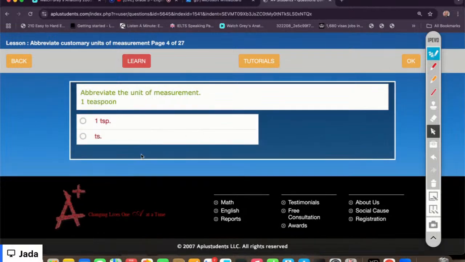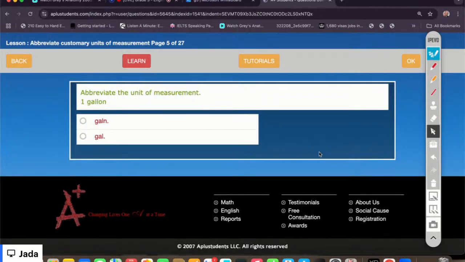So 1 teaspoon. What is the teaspoon? Okay, so tablespoon.